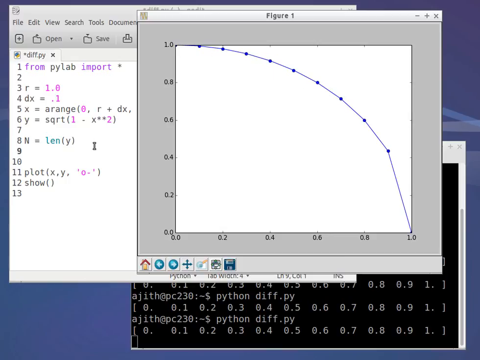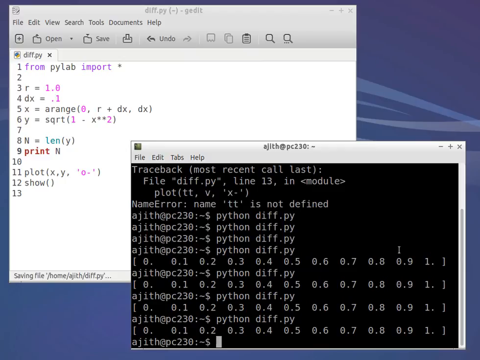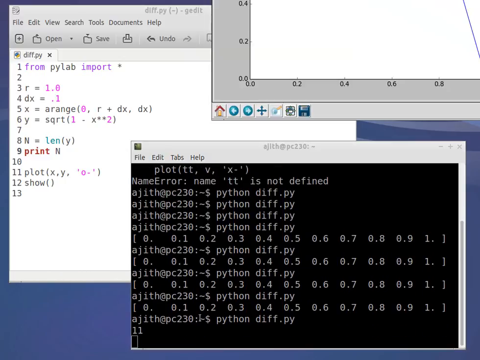Okay, so here let us print n. n is equal to 11, total 11 points we have defined, so in between there are 10 trapezoids.